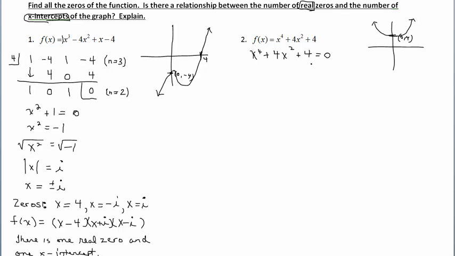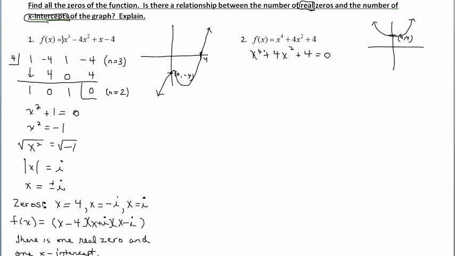I guess I could try to do synthetic division, however, there's no x-intercept that suggests what starting place I should use. Like in this first example, the reason I chose 4 is because it appeared to be a real zero. Well, I have no real zeros, or at least it doesn't appear to be. So I can't really go to synthetic division, so my other option is, does this factor?